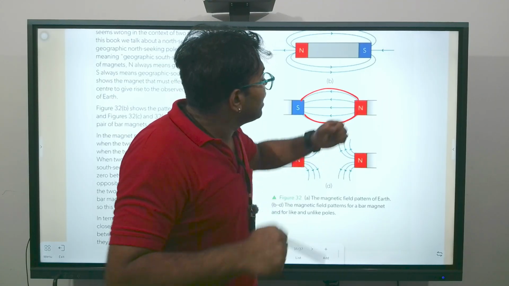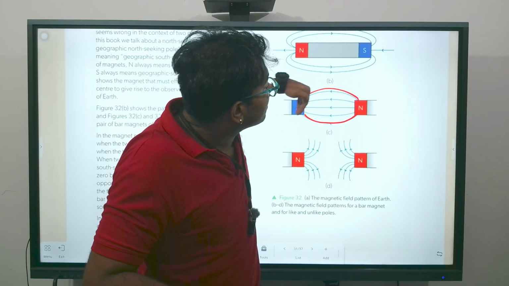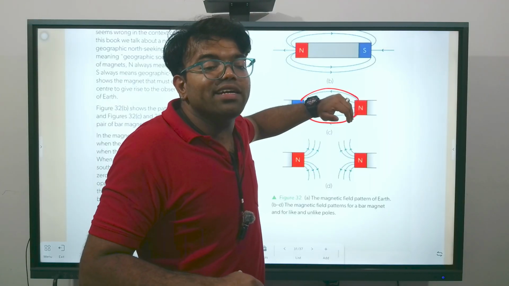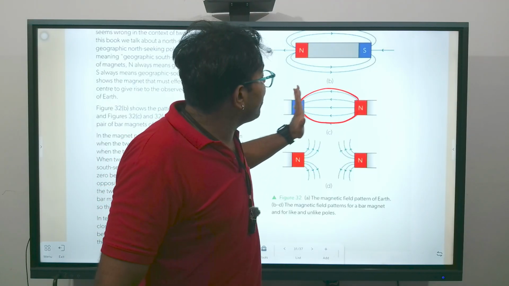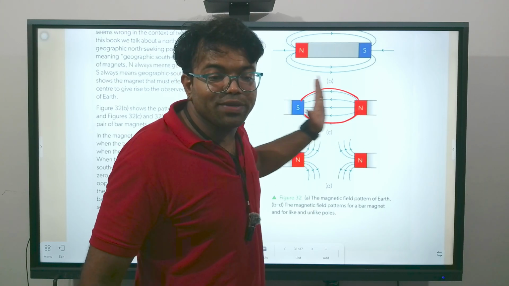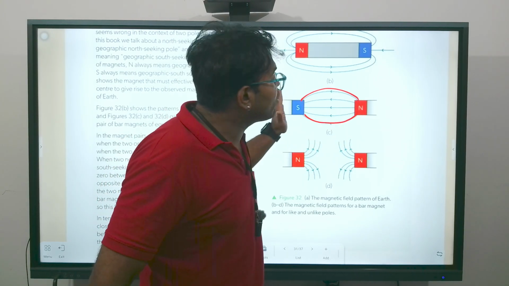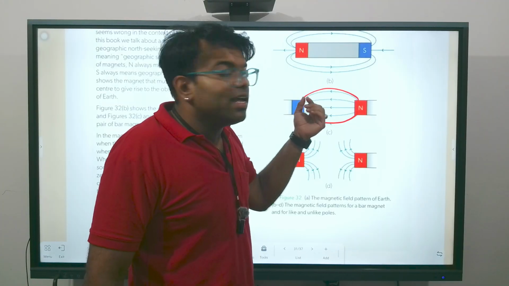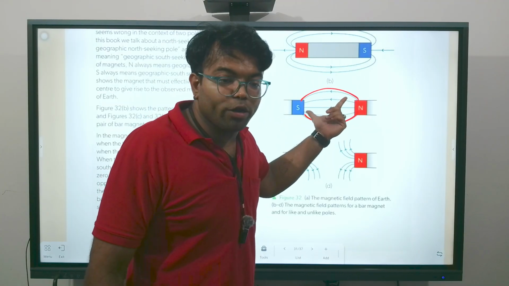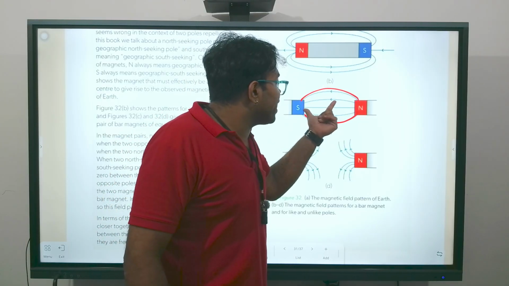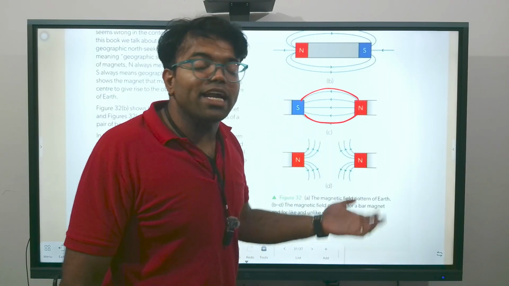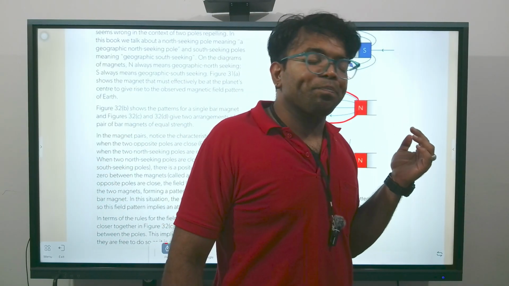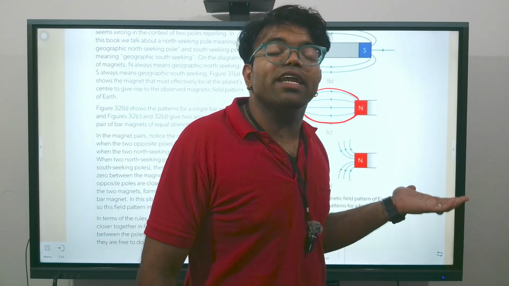So what happens? They will try to bring themselves closer to each other until the point where they are physically in contact with each other. When they are in contact, the length of the field line is the shortest, and that's what the magnetic field wants.